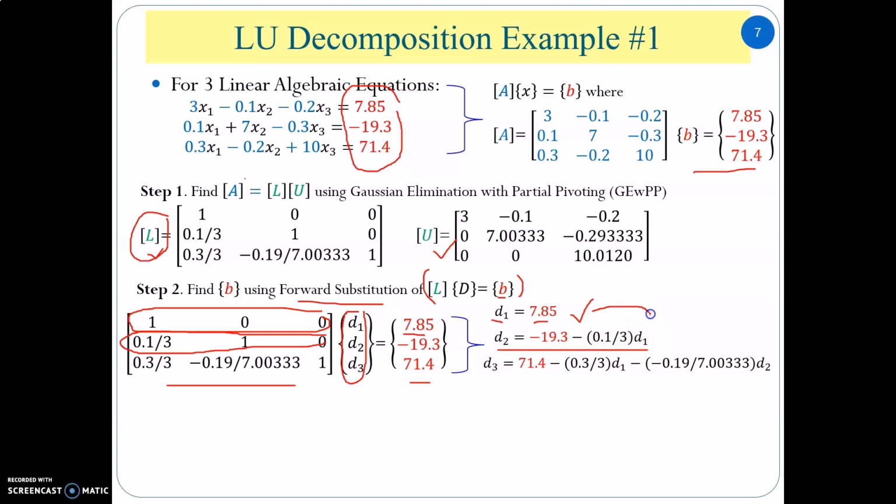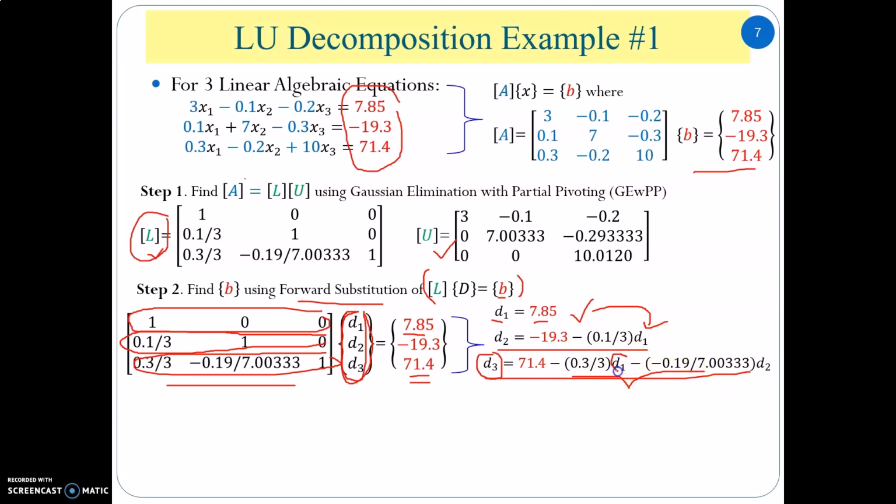So you can substitute your D1 inside, and then you should be able to obtain the answer for D2. Lastly, take the third row, multiply with this column, and you should get 71.4. Then rearrange the formula where you have the D3 on the left hand side and the rest you put on the right hand side.